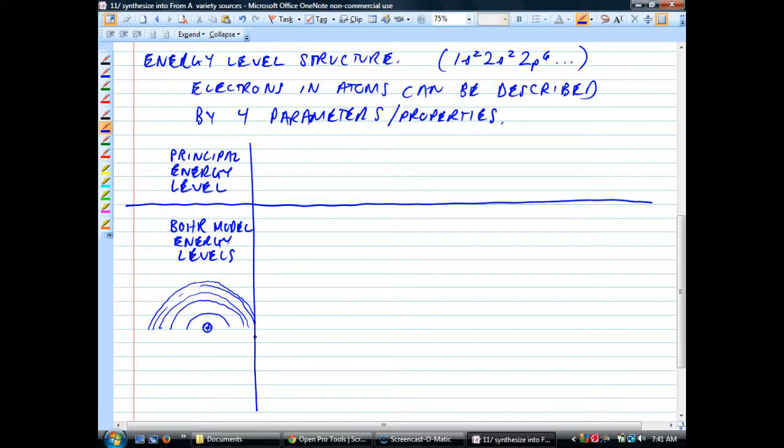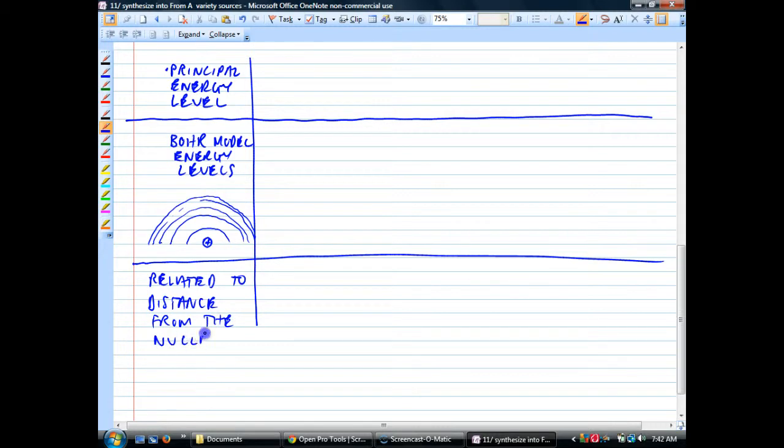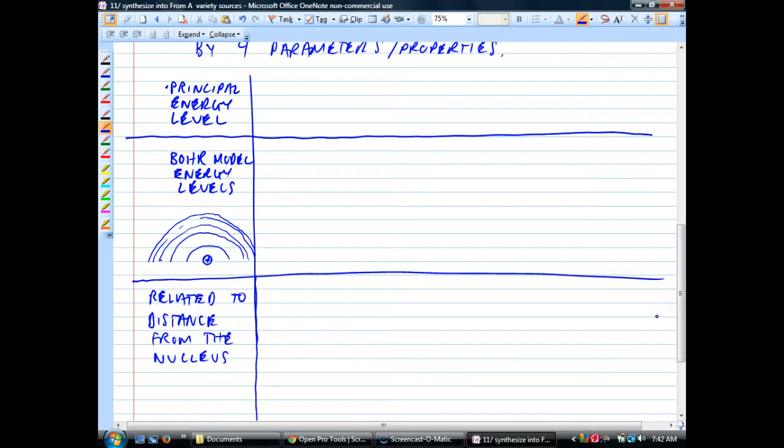So the principal energy level. All we're doing here is putting another word on here called principal, because we're going to start to talk about other kinds of energy levels. So the principal energy level is the Bohr model energy level, and this is related to distance from the nucleus. In other words, the higher the value of N, the further you are from the nucleus.